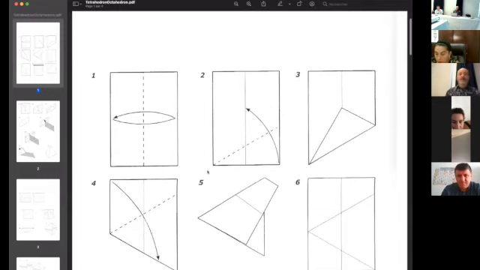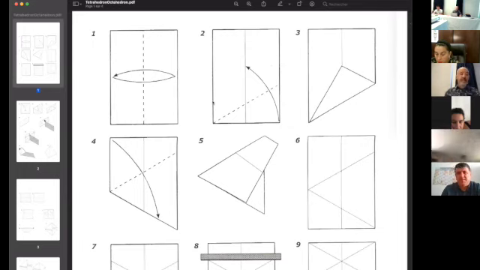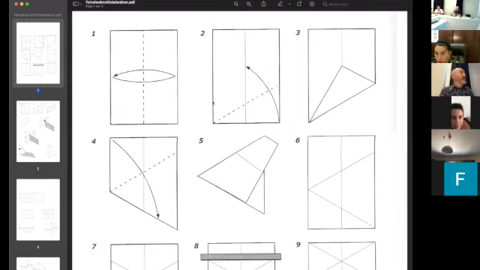tetrahedron and octahedron worksheet. Please take a sheet of paper and fold it in two along the long side. Then the second step: you see the drawings of the creases.